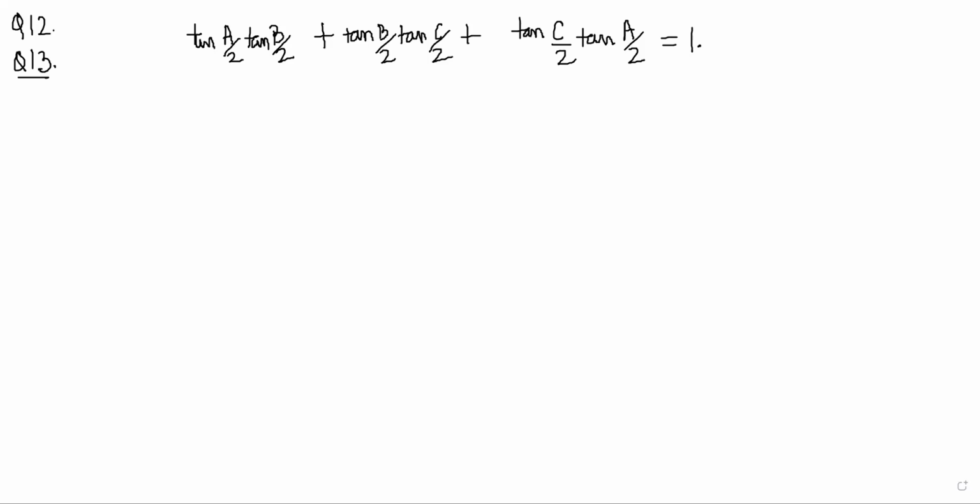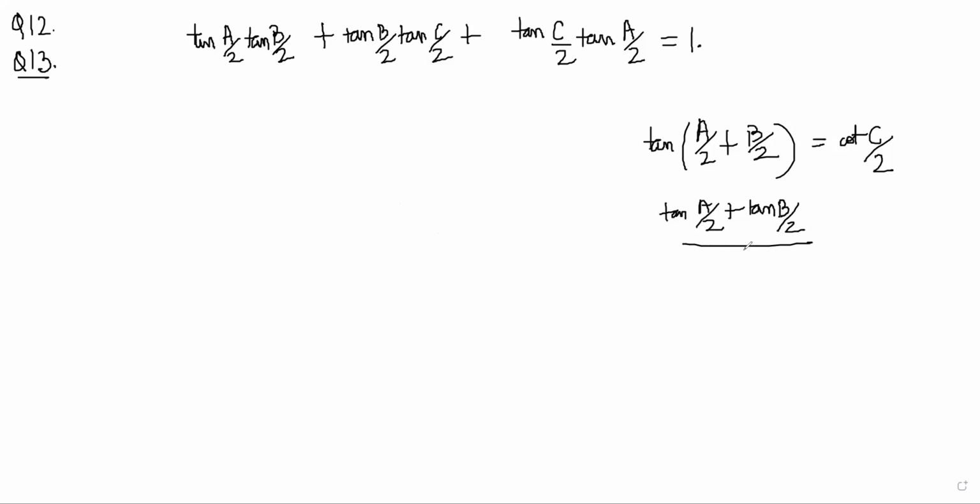Can you write tan A by 2 plus tan B by 2 as cot C by 2? Tan of A by 2 plus B by 2 will obviously be 90 minus C by 2, so cot C by 2. And then you can do tan A plus B. Is that helping?